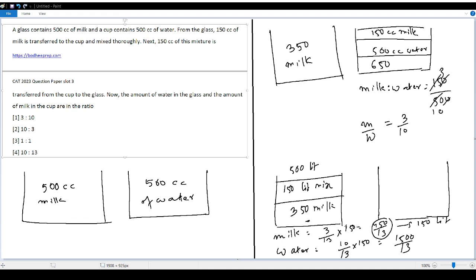So what is the total amount of milk? 450 by 13 plus 350. So 5000 by 13. Okay.